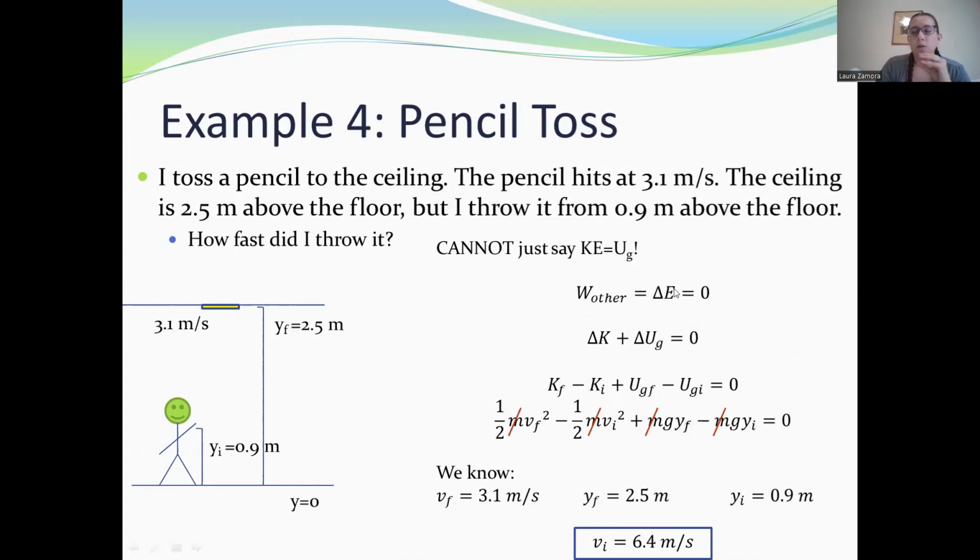So going down to the next line then, if this energy considers the kinetic energy plus the potential energy, then delta E is delta kinetic energy, the change in kinetic energy, plus the change in the potential energy. And if delta E equals 0, then this sum equals 0.